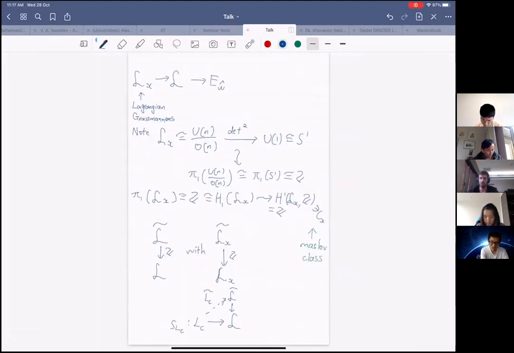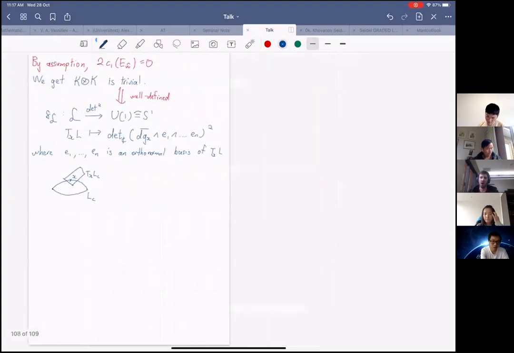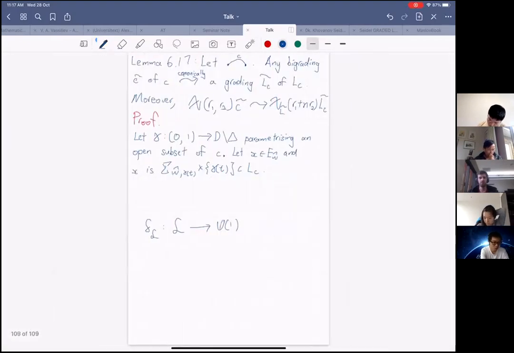LC, P, delta P. Sorry, it's wrong here. It should be going into L, and then from my LC, I lift it into LC tilde. This grading is called LC tilde, so it should be a curly L here. This is a covering, the Z covering.